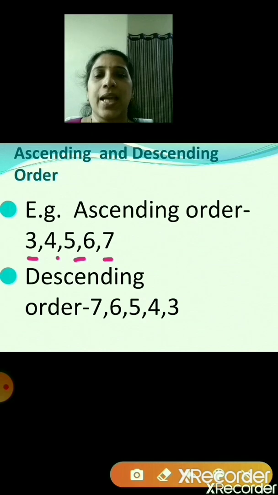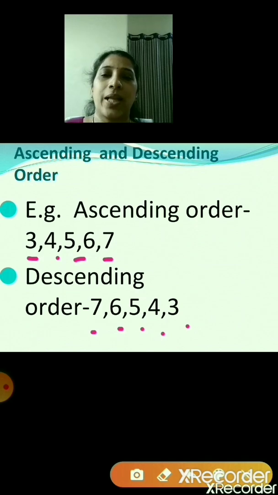That's the reason they are called as ascending order. Now descending order is the reverse of ascending order. That means you are going to start from the bigger number, that is 7, then 6, 5, 4 and 3. So like this, from the bigger number you will come to the smaller number.